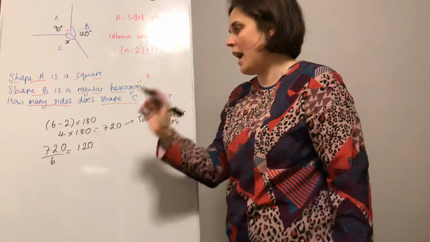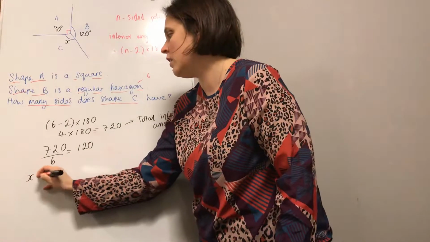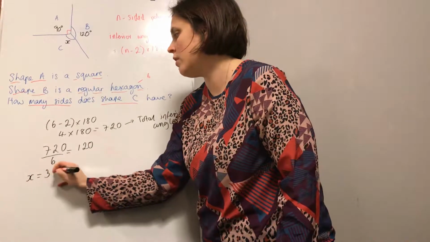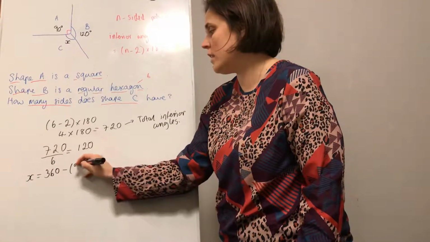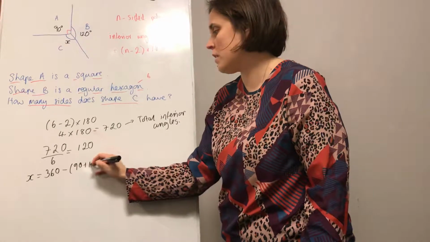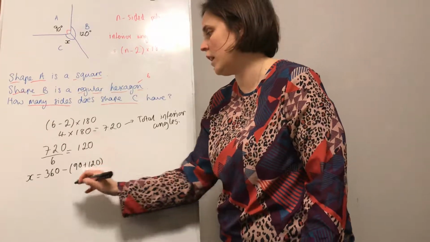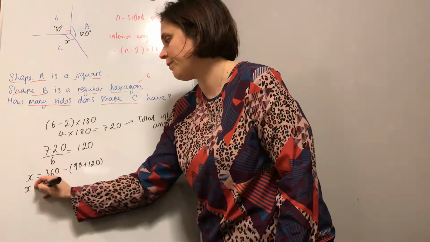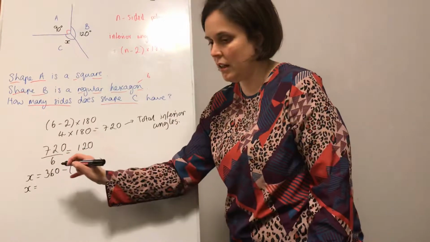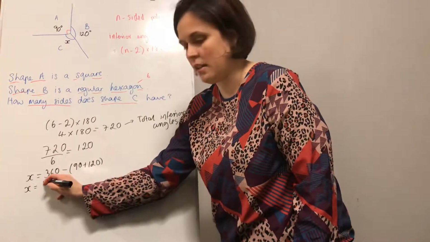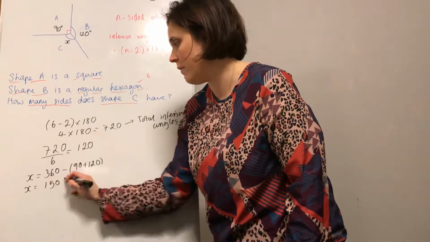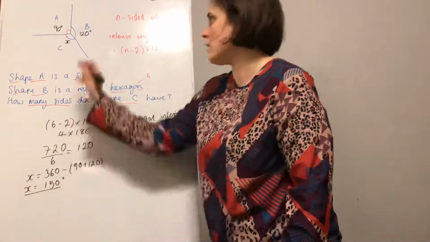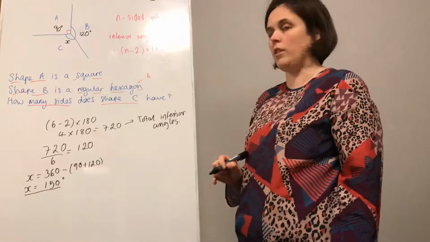That means that X is equal to 360 degrees, take away our 90 plus 120. And altogether, that means that X is 150 degrees. So that angle there is 150 degrees.